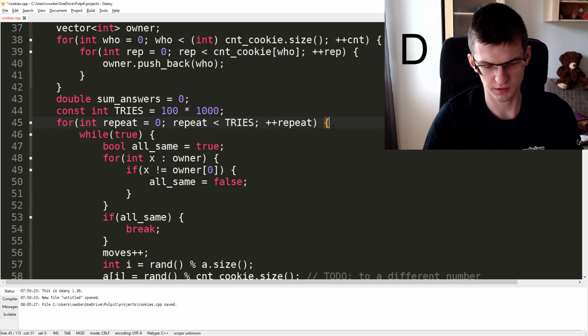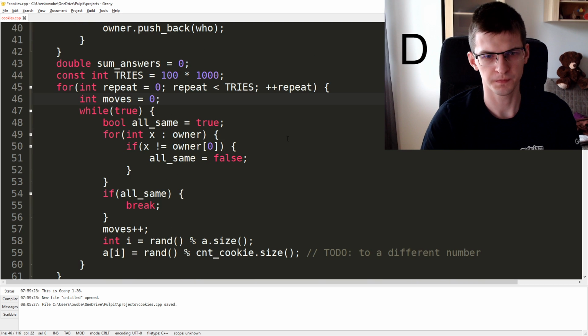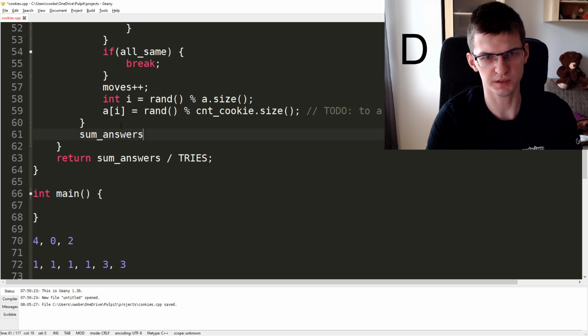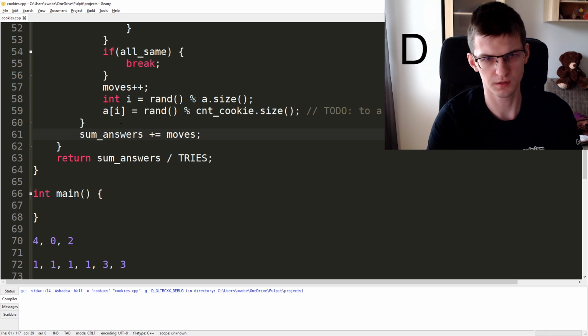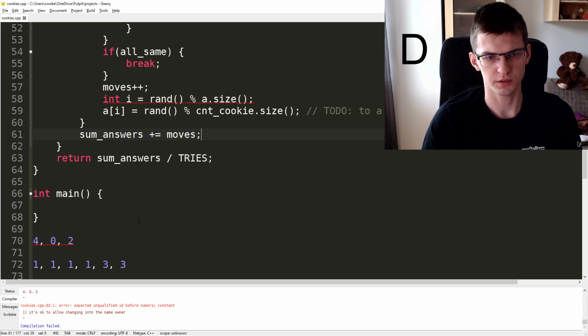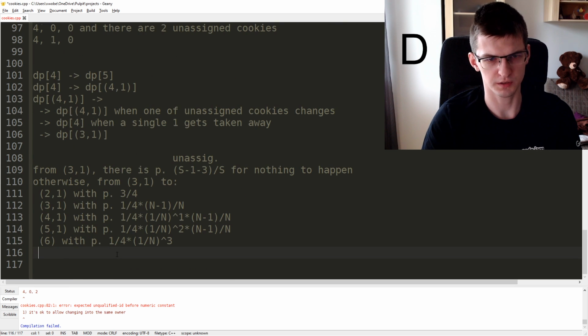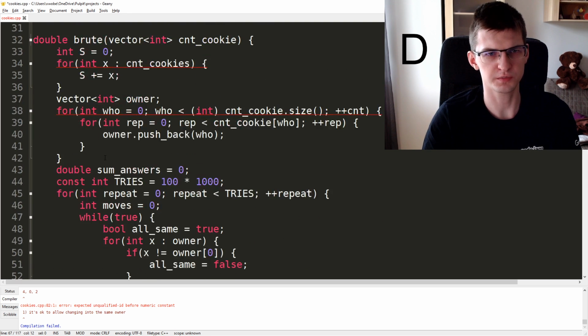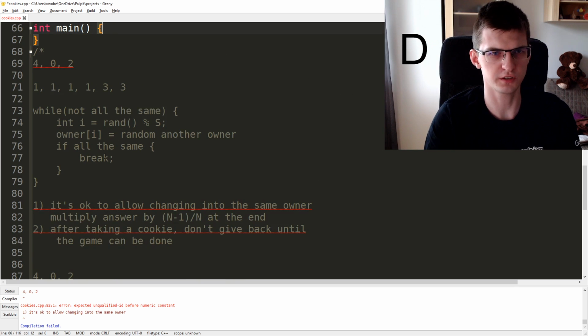I will count that number of moves. Increase it here. I'm changing some answers plus equal moves. And return. Everything that was below is a comment. Main. Let's for starters print. Let's just read the input.